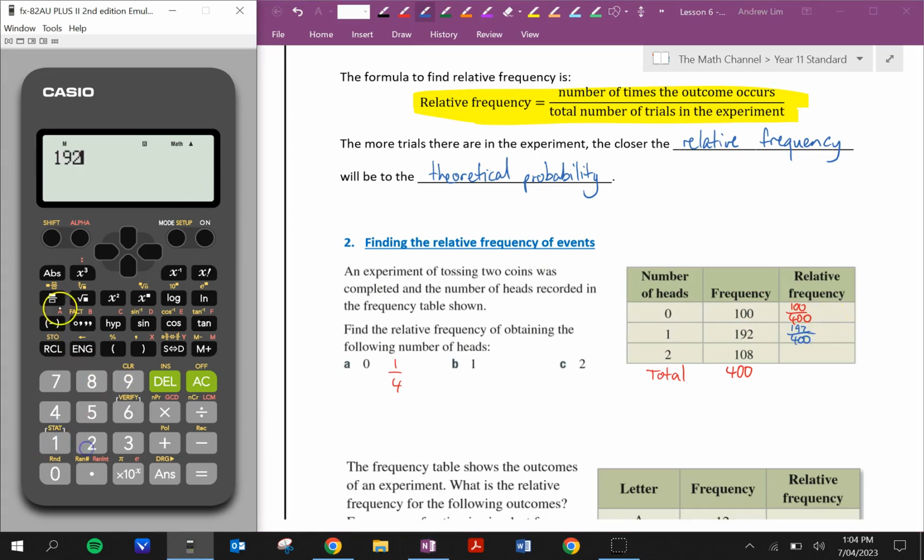Now let's see if we can simplify that. 12 over 25. What about 2 heads? 2 heads will be 108 out of 400. Let's simplify that. 27 over 100.